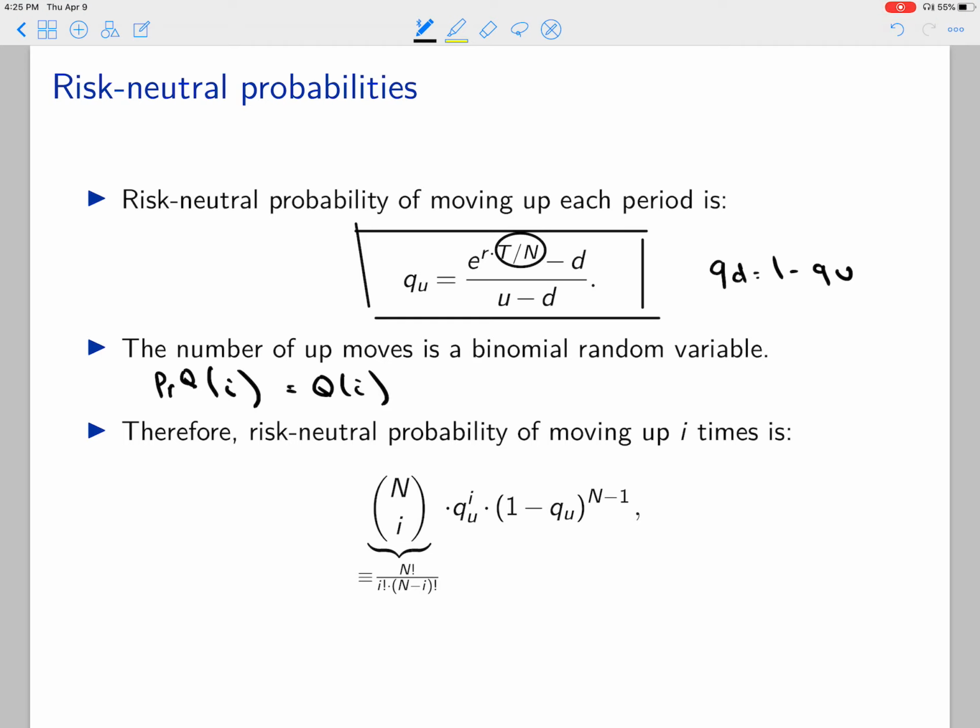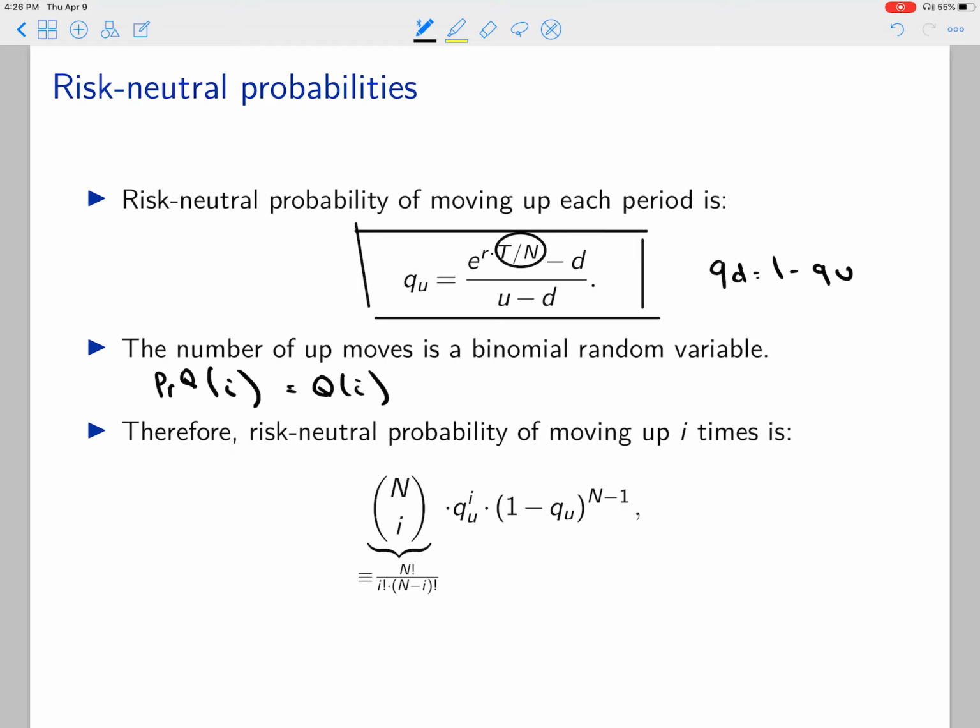You can think of this as a Bernoulli trial: in each period, you can either have success, which is up, or failure, which is down. Or a coin flip: up is heads, D is down. So there are n total periods where you can have success or failure, up or down, in each period. And the total number of moves up is just the number of successes or up moves in these n periods or trials.